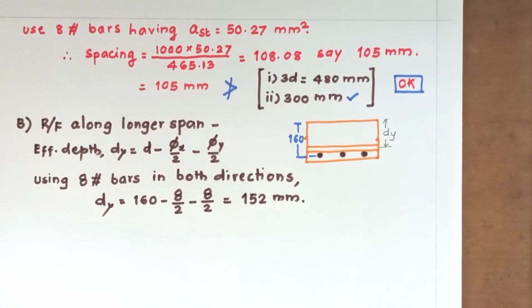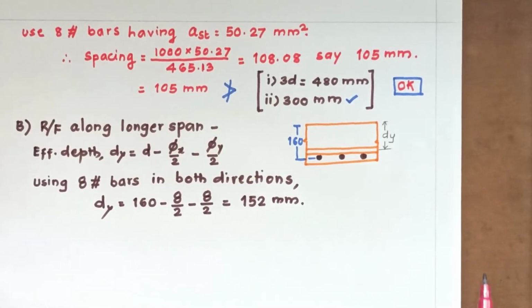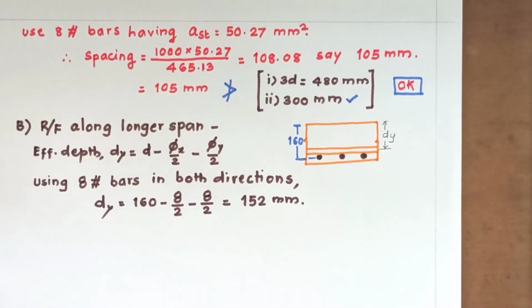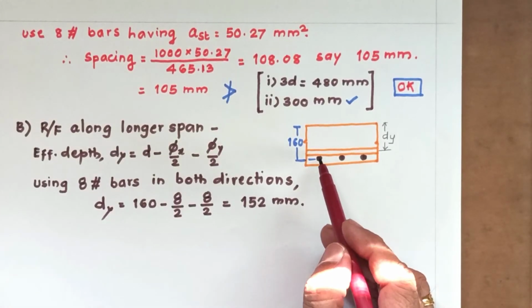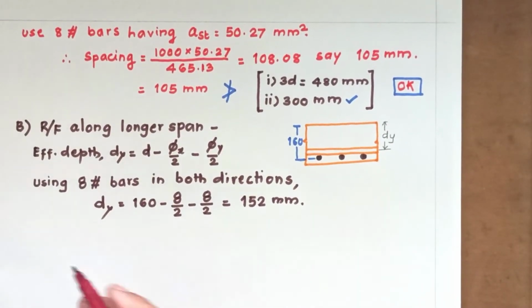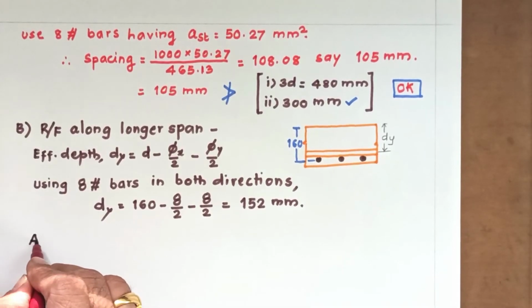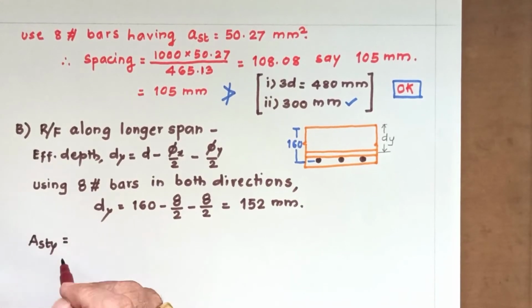So please keep in mind, if you forget this step in the exam, it doesn't do much harm, only 1 or 2 marks will be cut. But actually I have shown you with the help of the figure. So effective depth when you are considering the longer span will be reduced. So again we will calculate ASTY by our formula.